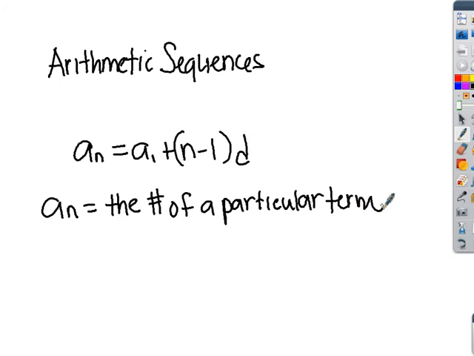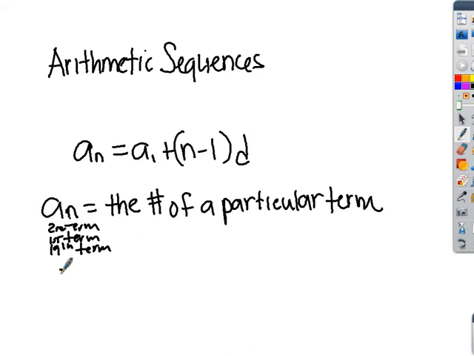Okay, so a sub n could be the second term, it could be the first term, it could be the 19th term, for all we know. Okay, but that will be given to us based on whatever we've got here for n.